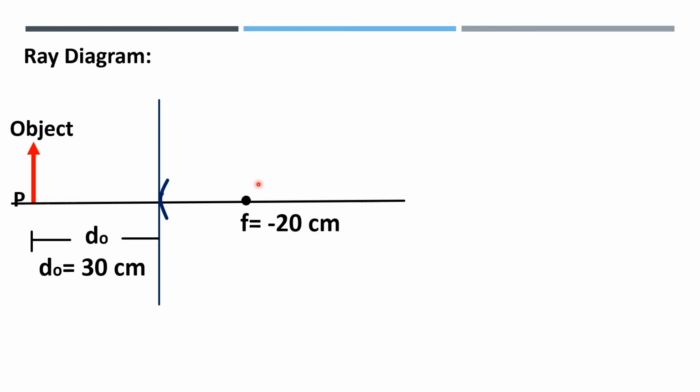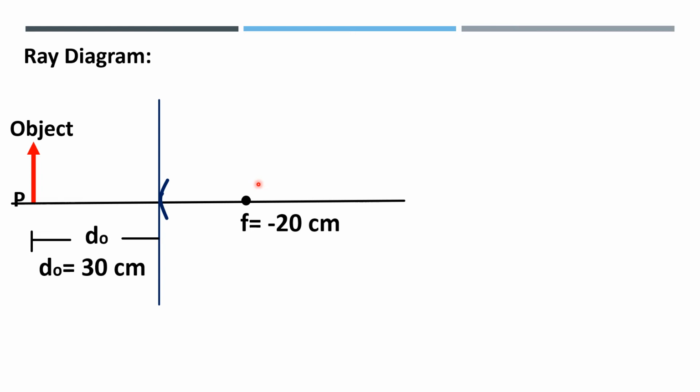Just like in our ray tracing technique, what we do is draw an incident ray coming from the tip of the arrow. By the way, the red arrow that you see represents the object. So when we draw a ray that is parallel to the principal axis, this time around, since this is a convex mirror, what will happen to the ray when it strikes the convex mirror?